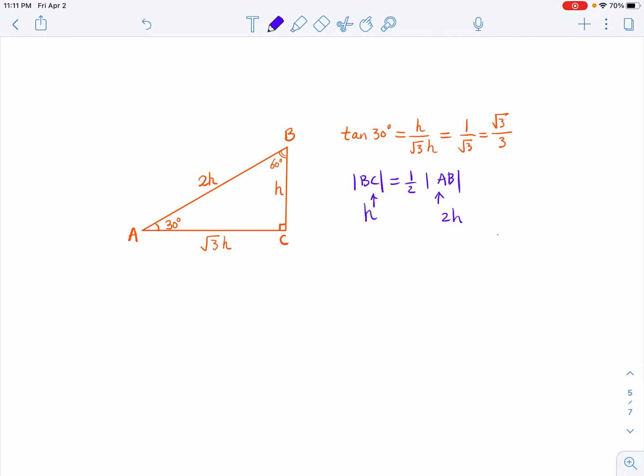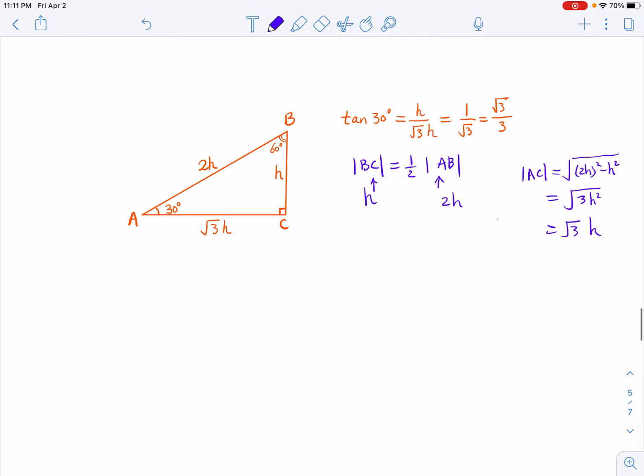And AC here, by the Pythagorean theorem, would be the square root of (2H) squared minus H squared. That would equal 3H squared, so the square root is square root of 3 H. Alright, so I mark it here of the three sides.